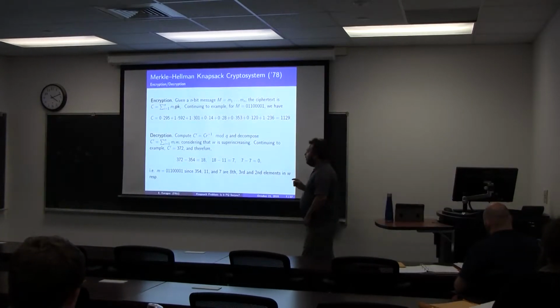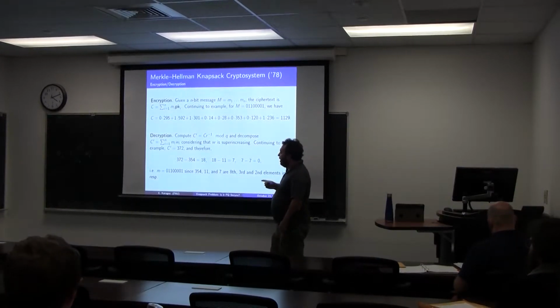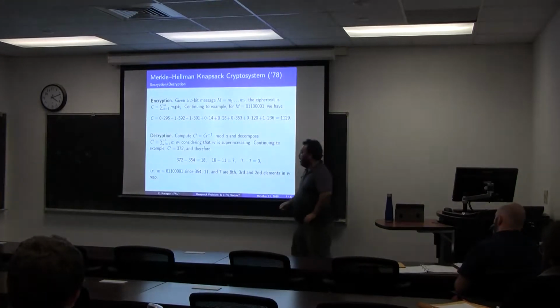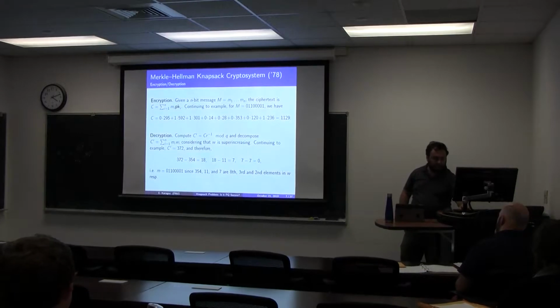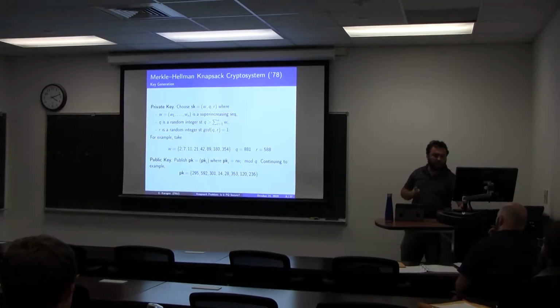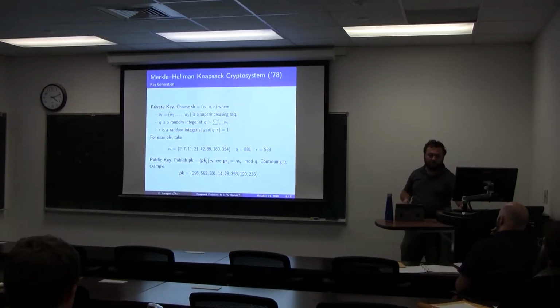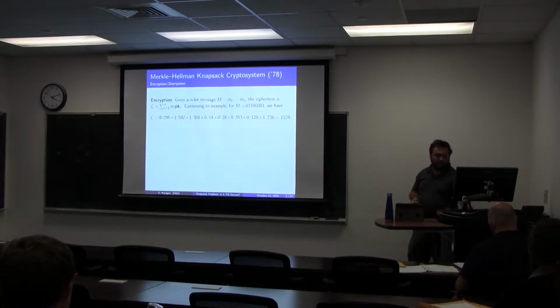Continuing our example, we get, for example, for C dash 372, and how can we decompose this 372 into our message? Remember our private key, which is 2, 7, 11, 21, 42, 89, 180, 342, 354. So starting with the biggest element, you start to subtract as you can.